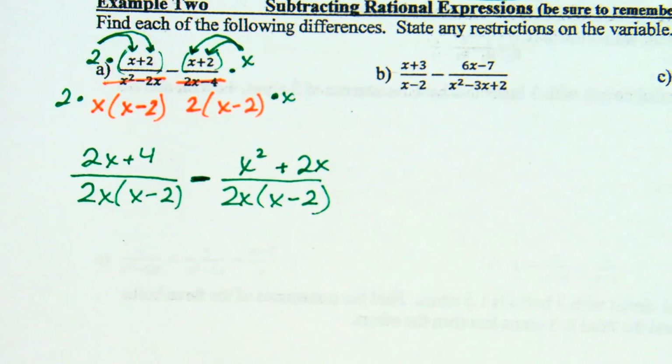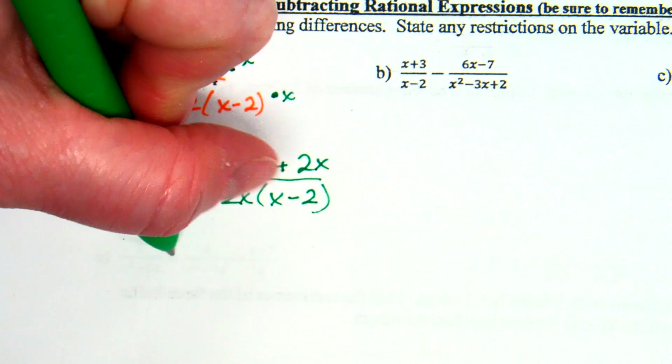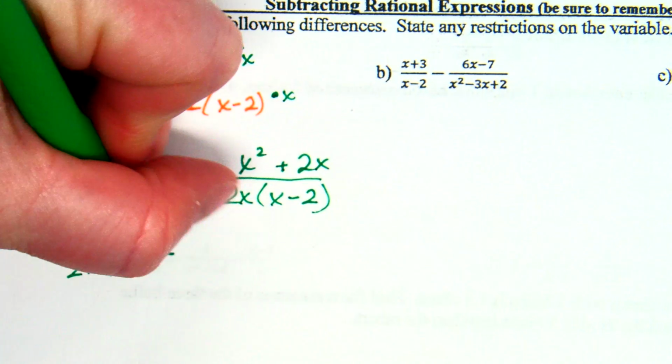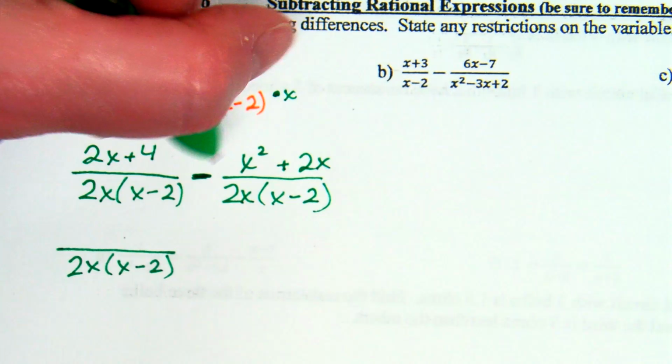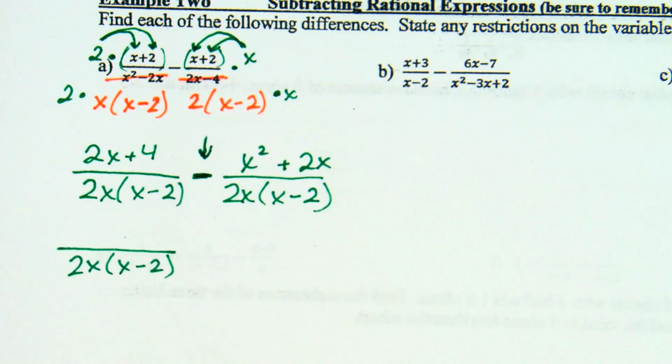So let's put this together as one fraction. So my denominator is going to be 2x, x minus 2. On top, remember that we are subtracting. So, what do you notice? 2x minus 2x over here are going to cancel. Okay? What about this 4?